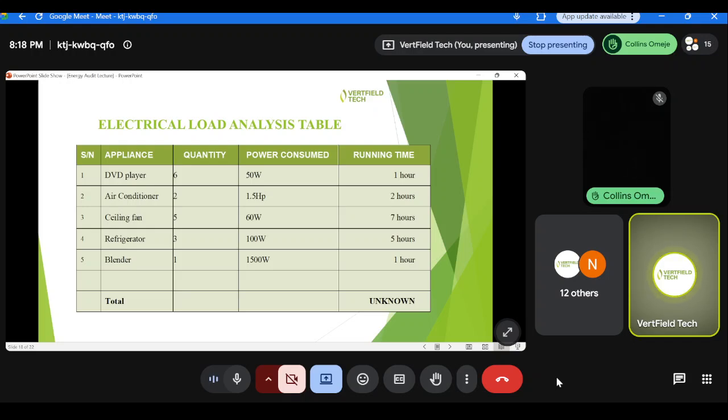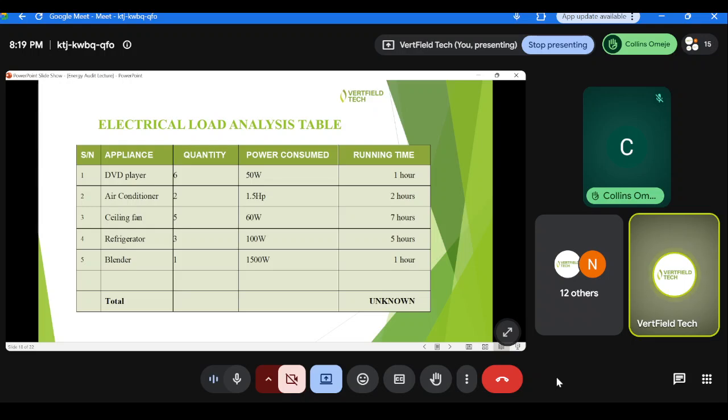That formula states that energy need is equal to quantity of appliance multiplied by the power consumed multiplied by the running time. That is the formula to use.